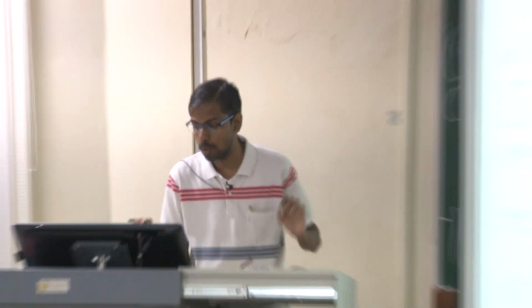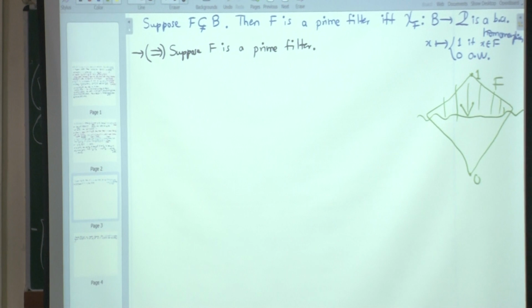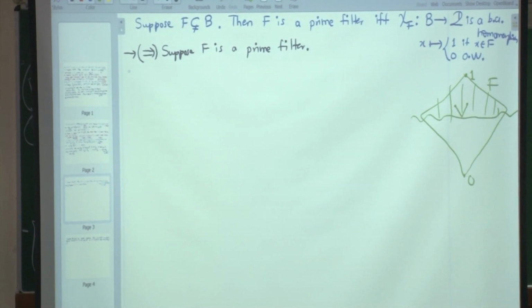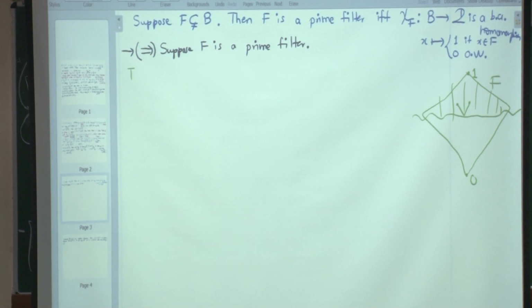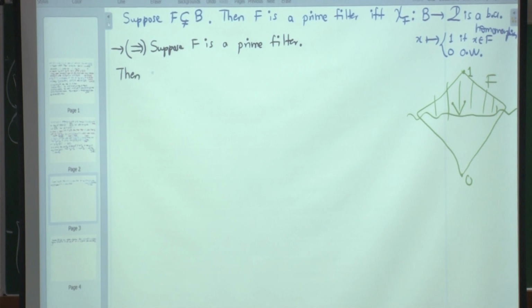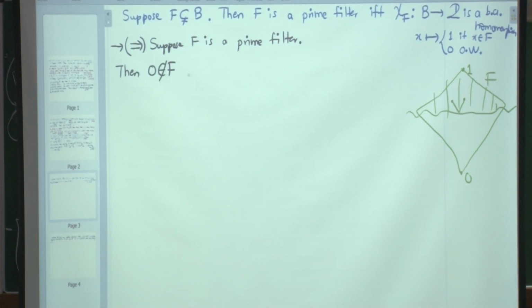So, suppose F is a prime filter, then we have to show that chi F is a Boolean algebra homomorphism. Then 0 doesn't belong to F, correct? Because it's prime, so it's proper.